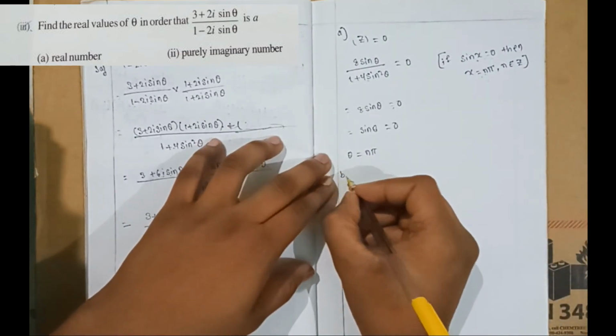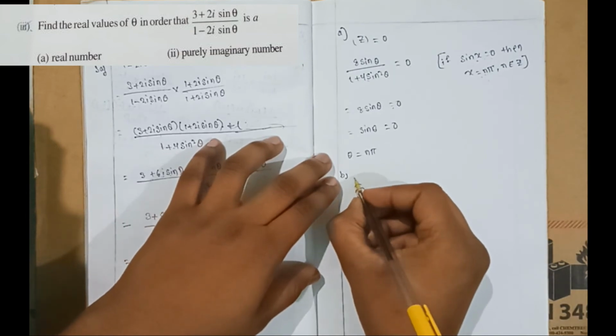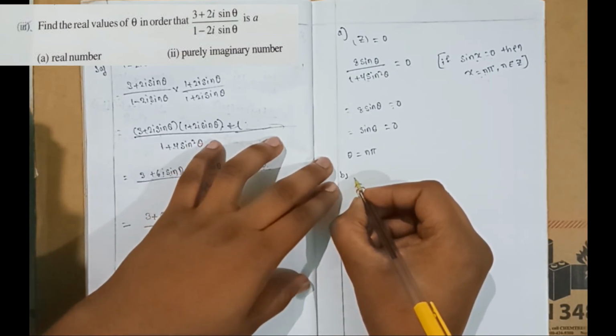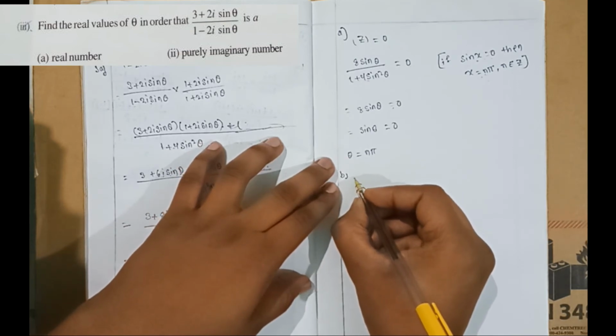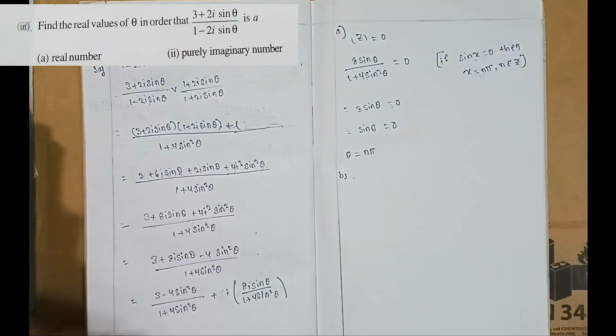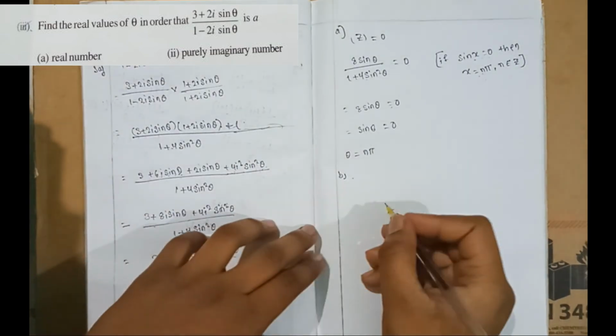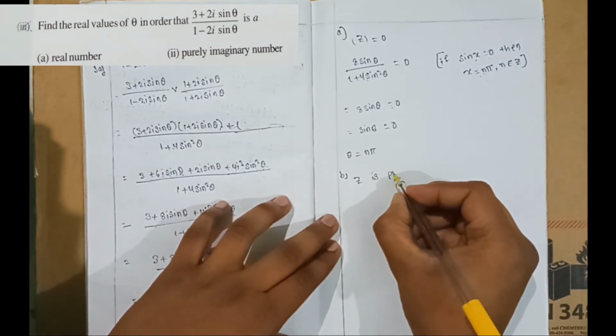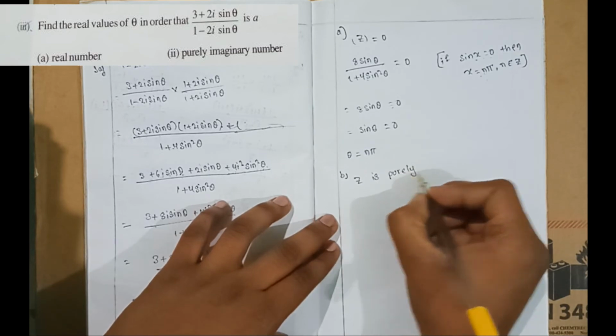Now b1, purely imaginary number. We should write purely imaginary, means it should be totally imaginary, not from the concept. Okay, let z be a purely imaginary number.